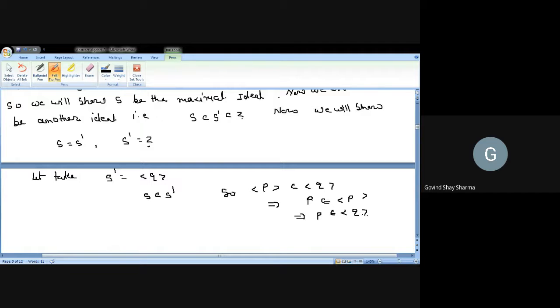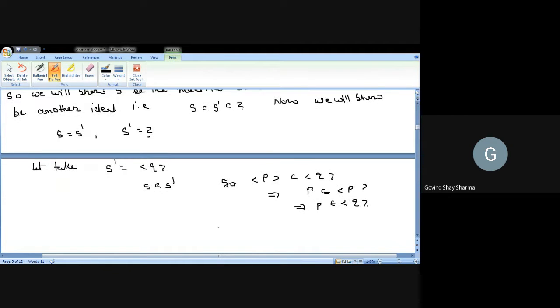Okay. Then we can write S dash generated by Q, so P is the subset of this.